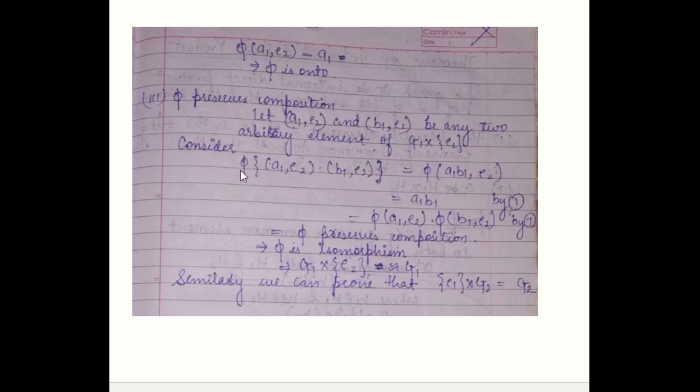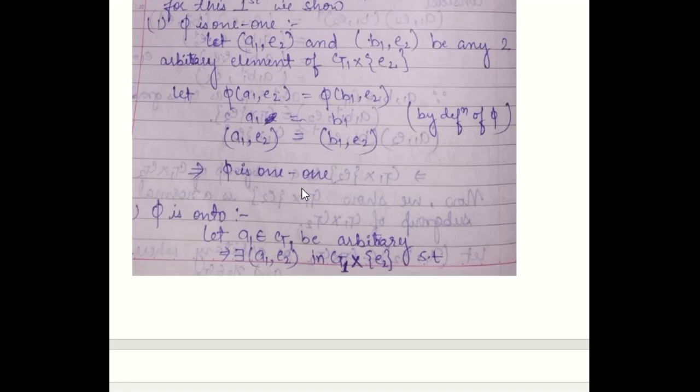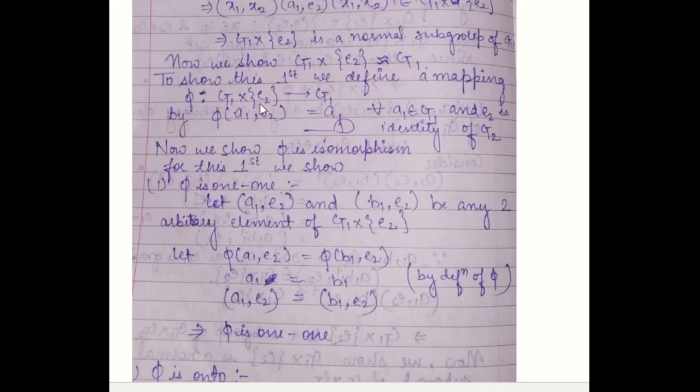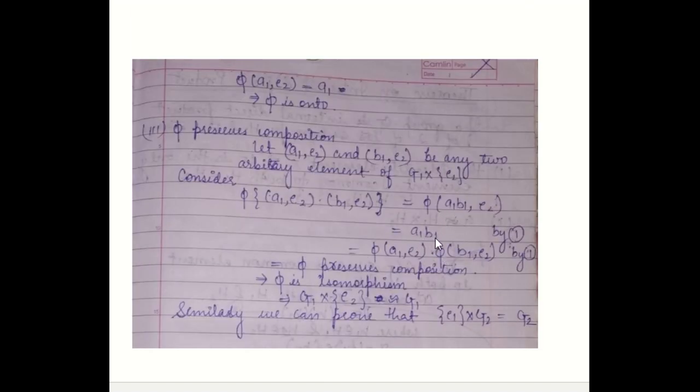By the definition of phi, this will be equal to phi of A1 B1, E2, which under the definition of phi will be equal to A1 B1. Now it can be written as phi A1 E2 into phi B1 E2. So phi preserves composition. So phi is an isomorphism mapping. So that implies G1 cross E2 is isomorphic to G1.